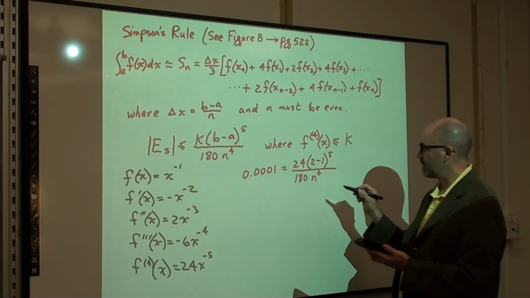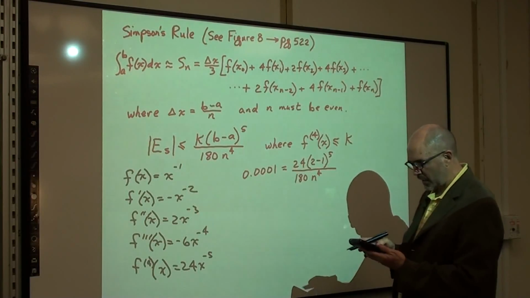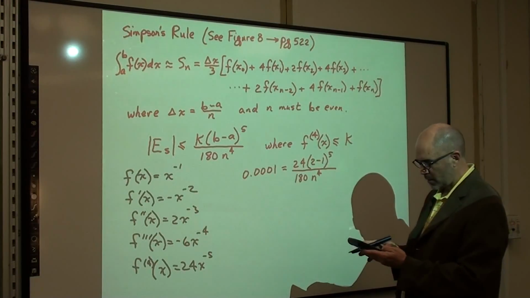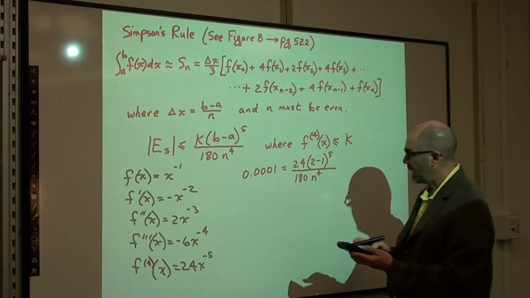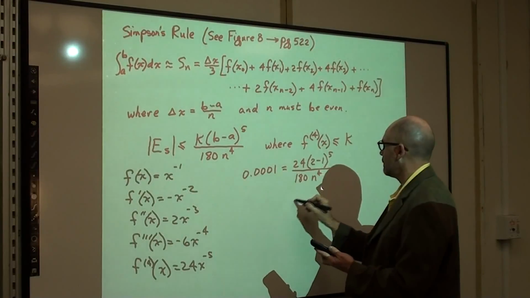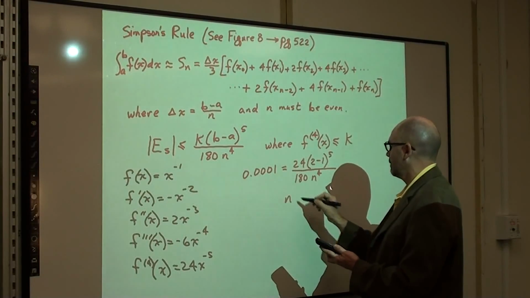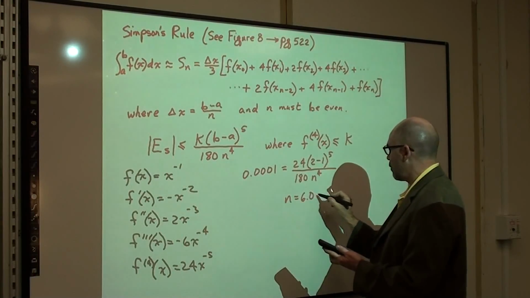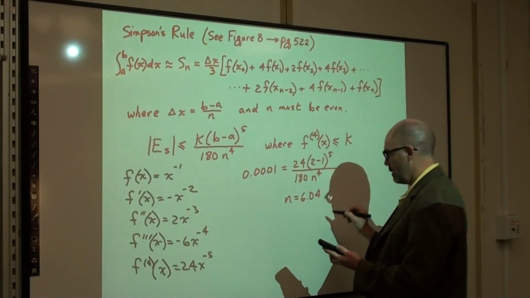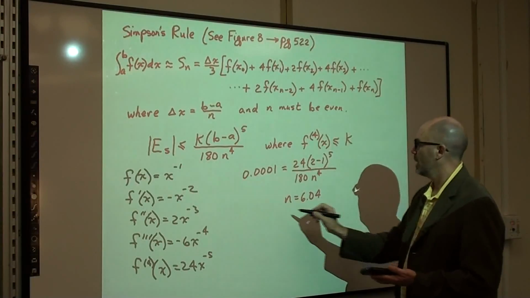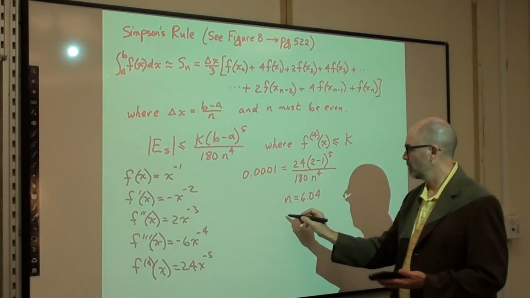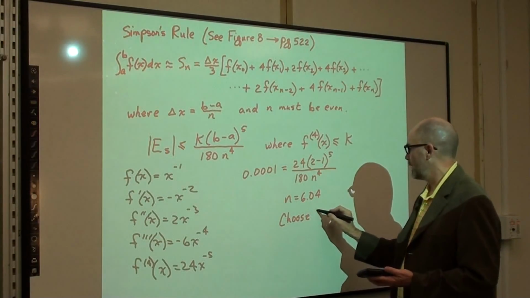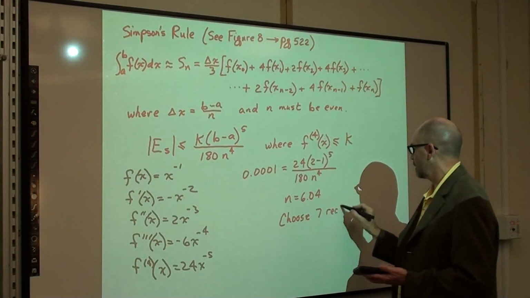So now I take the 4th root of what's in my calculator, or I just take it to the 0.25 power. And I end up with n equals 6.04. So, how many rectangles do I choose? Right, 7. Choose 7 rectangles.